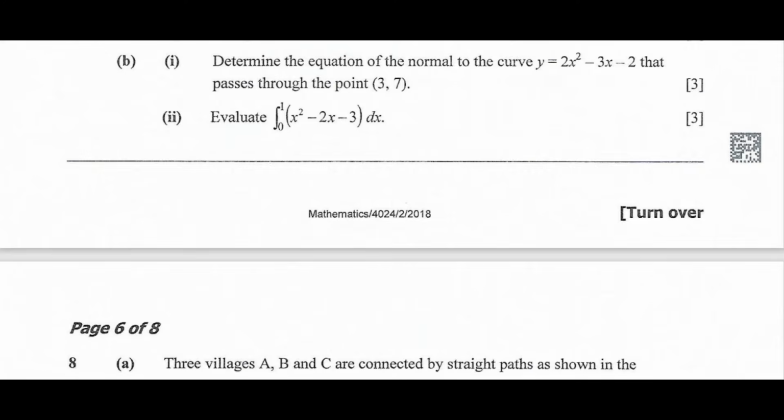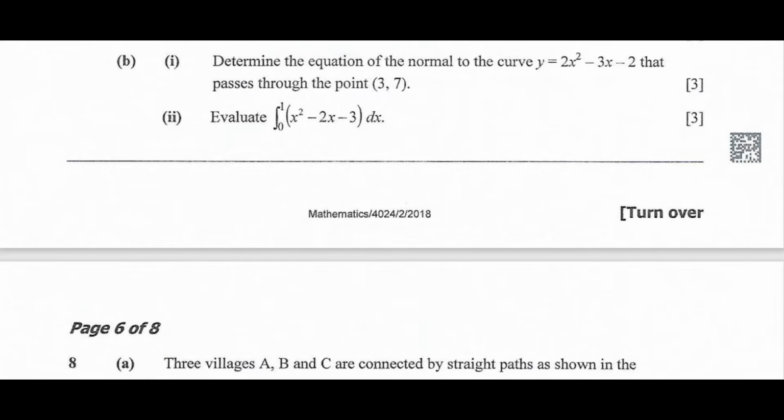Okay, so now we move on to question 7b, Roman numeral 1. Determine the equation of the normal to the curve y is equal to 2x squared minus 3x minus 2 that passes through the point (3, 7). So we have been given the curve, a parabola, and the point. Now the key point is we are finding the equation of the normal.